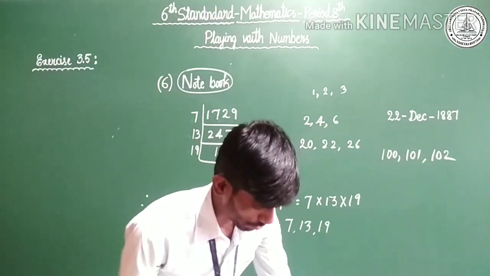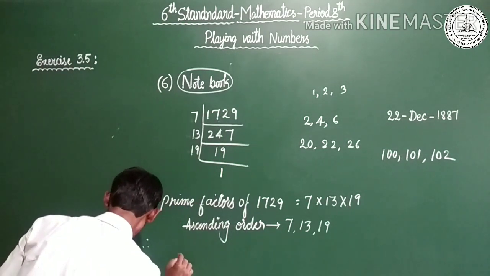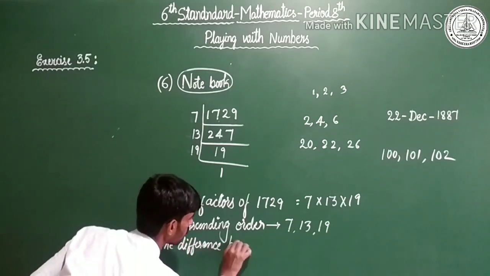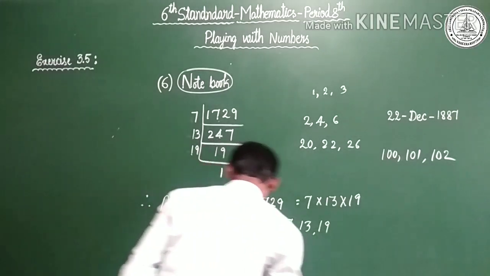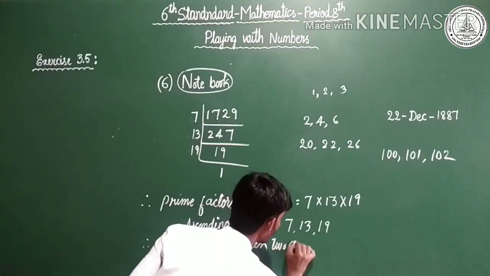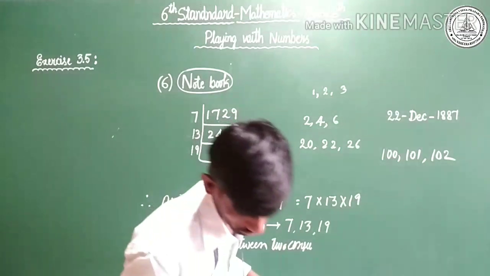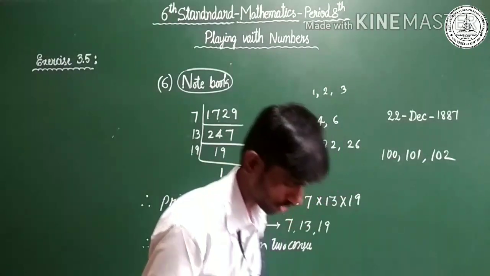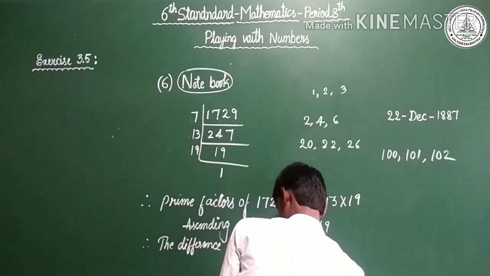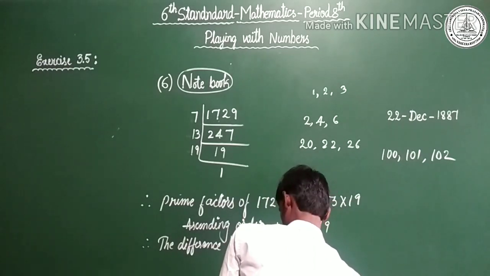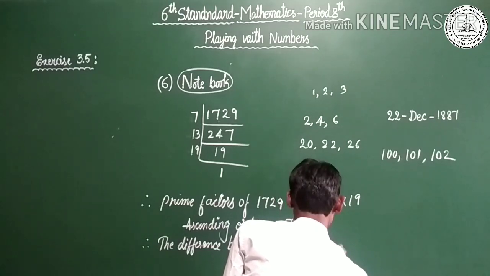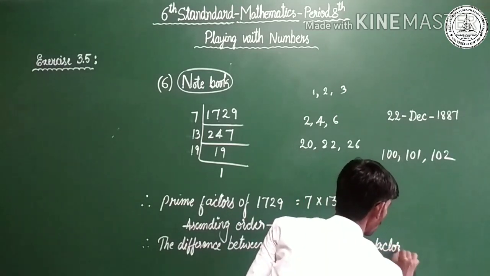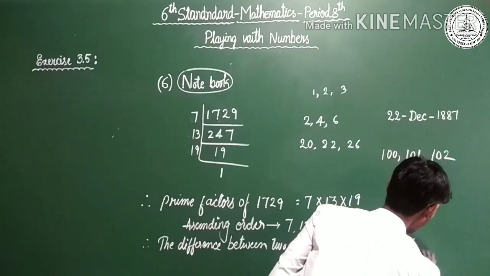Isn't it? Let us complete this statement. Therefore, the difference between two consecutive prime factors is 6.